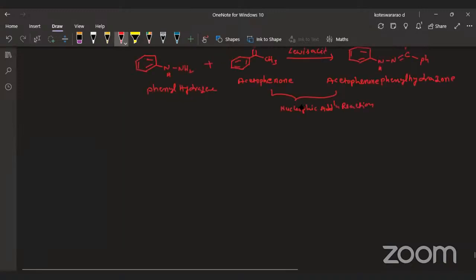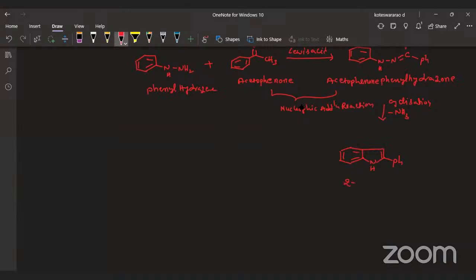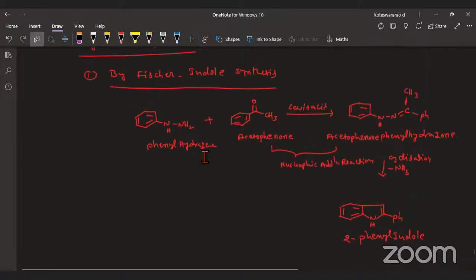Later, it undergoes cyclization by the elimination of ammonia, which leads to the formation of 2-phenyl indole as the product. This kind of reaction is called the Fischer-indole synthesis.